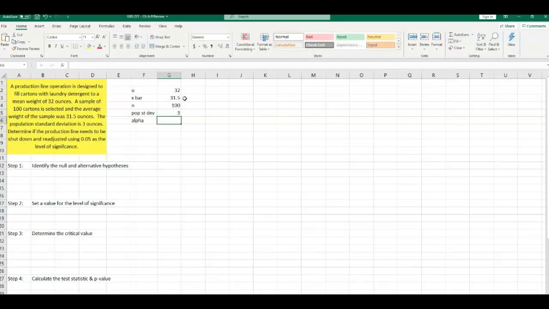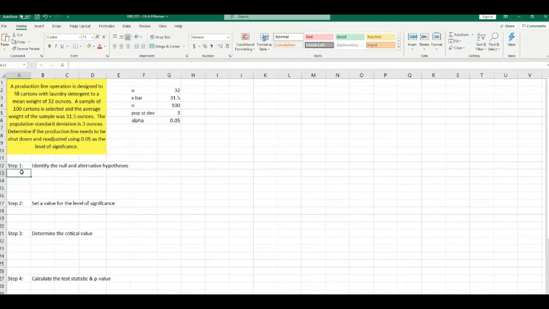And then our alpha. Our alpha is either 1 minus our confidence level, like we just worked on in confidence intervals, or it's the level of significance, right? That's what alpha is. So we were told that our level of significance here was 0.05. So once we have that, we can then work on all of these different steps to this hypothesis test.